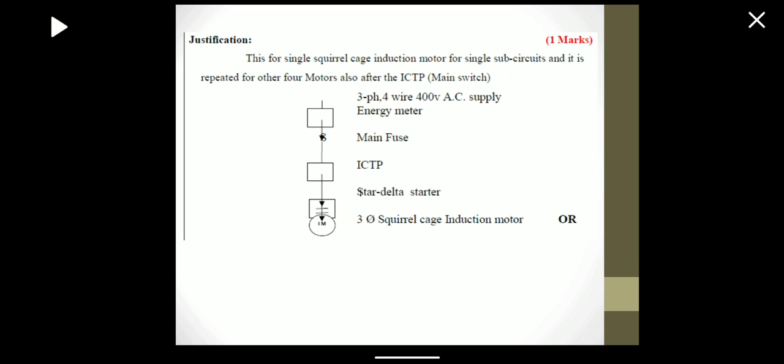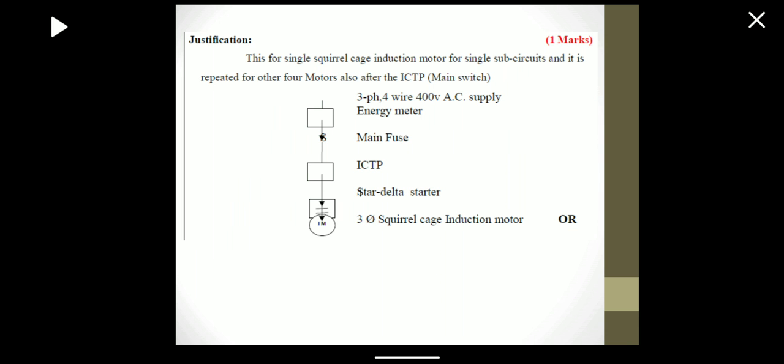Justification: this is for a single squirrel cage induction motor for the single sub circuit, and it is repeated for the other 4 motors also after the ICTP or main switch.